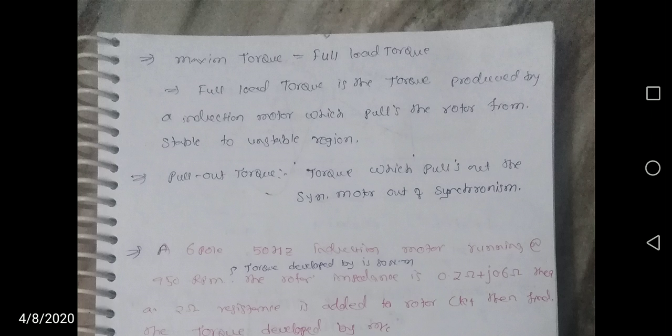Full load torque is the torque produced by an induction motor which pulls the rotor from the stable to the unstable region. It is the torque which pulls the synchronous motor out of synchronism.